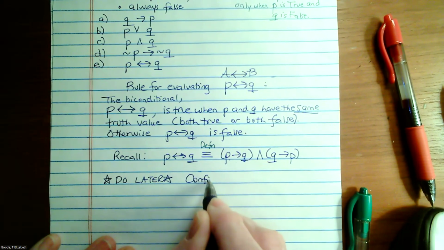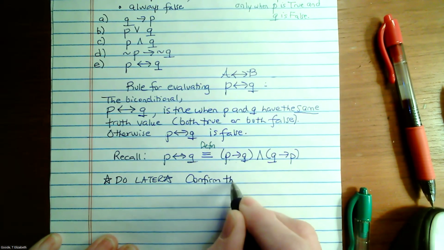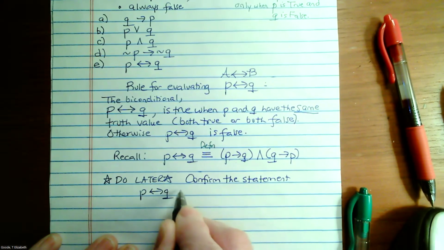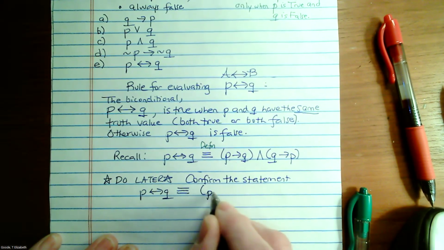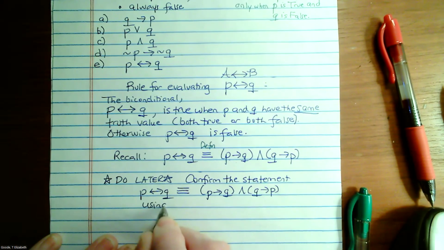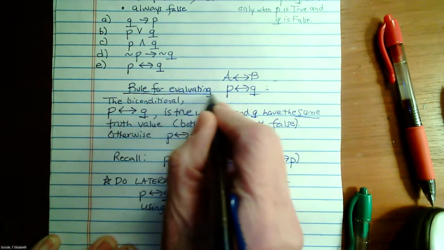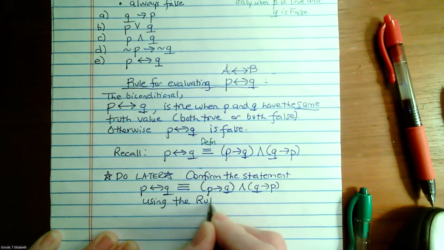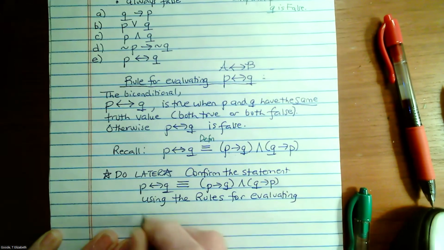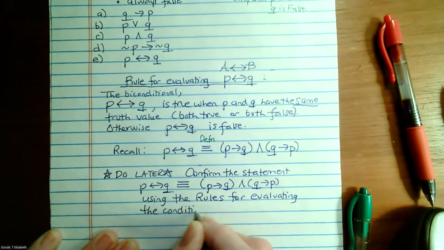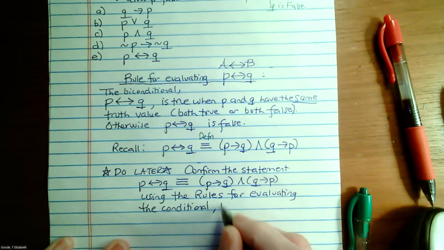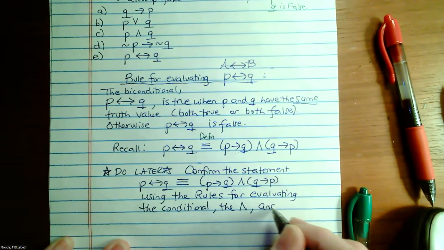Confirm the statement that P if and only if Q is logically equivalent to P implies Q and Q implies P using the rules for evaluating the conditionals, the if P then Q and the if Q then P, and the biconditional.